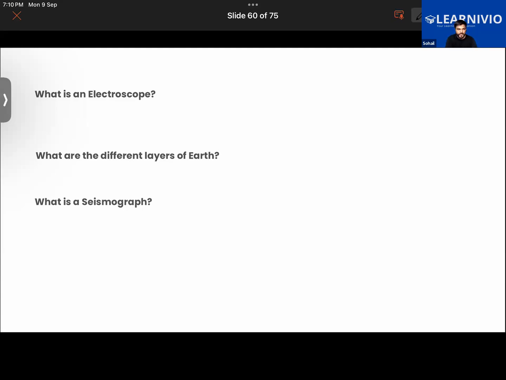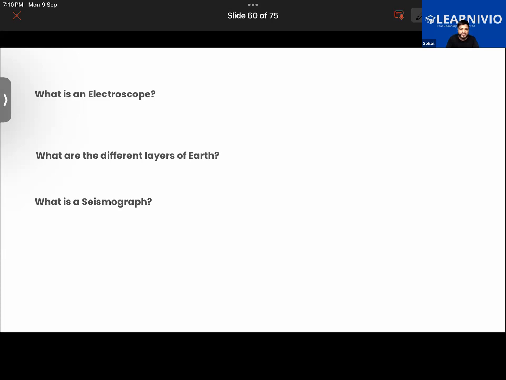So a seismograph is an instrument which is used to measure waves, like seismic waves. Okay. Next. Guys, don't take this much time.